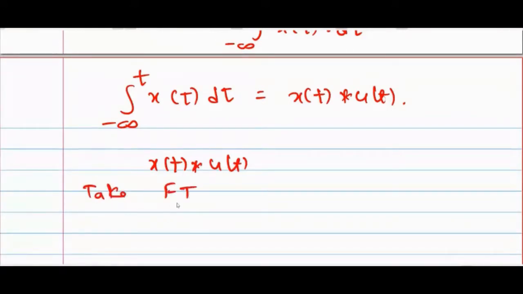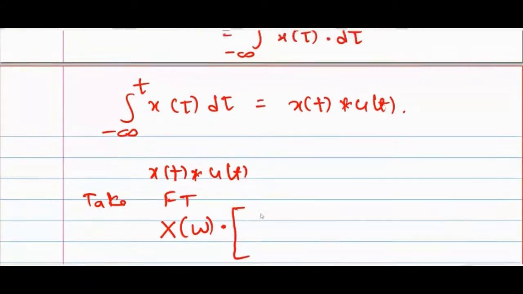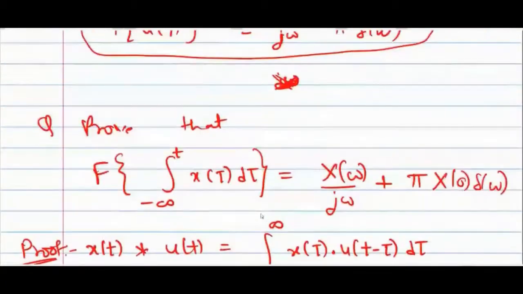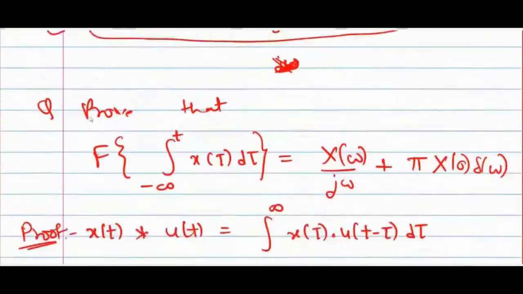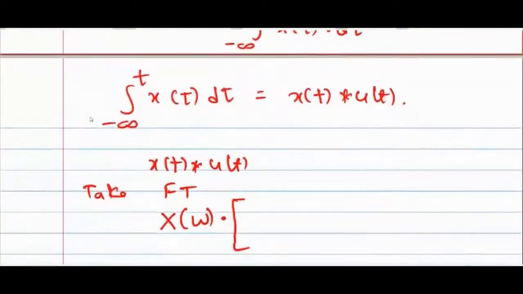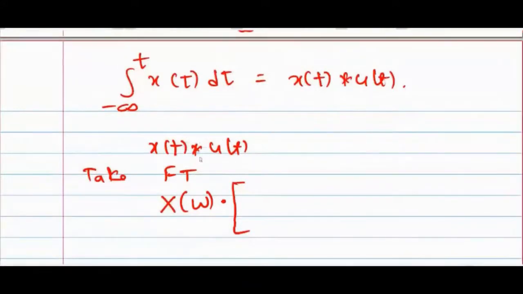So convolution x of t Fourier transform x of omega, u of t Fourier transform we saw a while ago, u of t Fourier transform 1 by j omega plus pi delta omega. So substitute there. Convolution becomes multiplication. Star becomes multiplication. So 1 by j omega plus pi times delta omega.